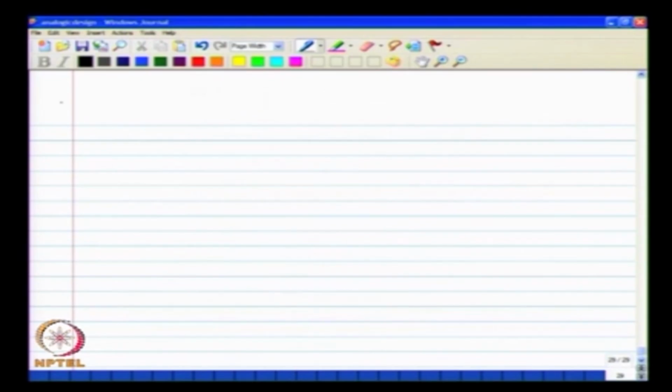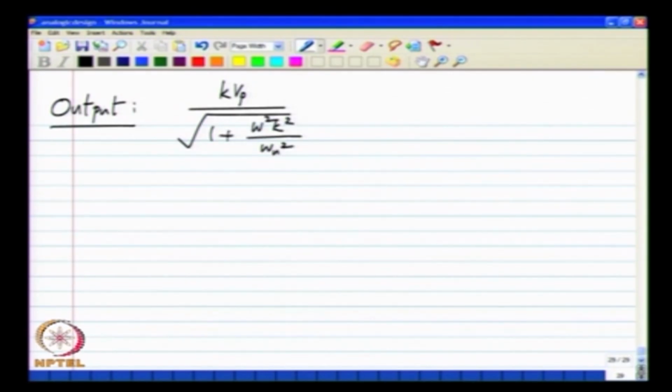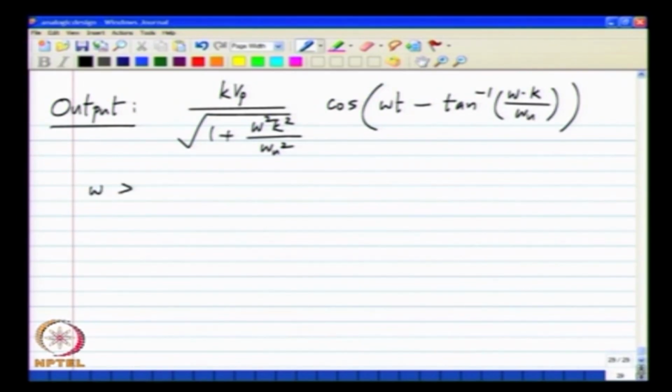Now, we can redo the approximation for high frequencies. The output I am rewriting here, okay. Now, for very high frequencies, that is omega much greater than omega u by k, what happens is that 1 is negligible compared to this term inside the square root, okay.